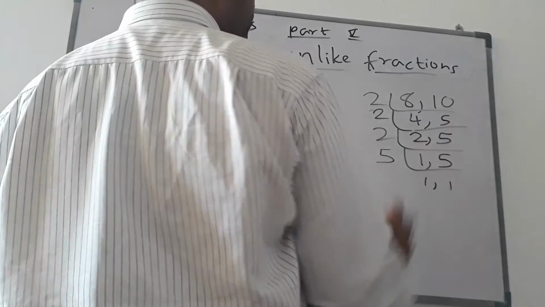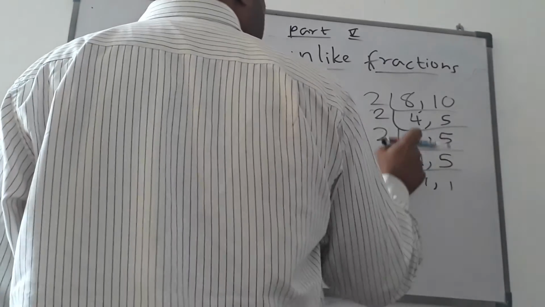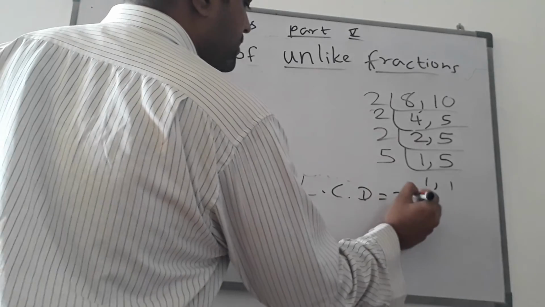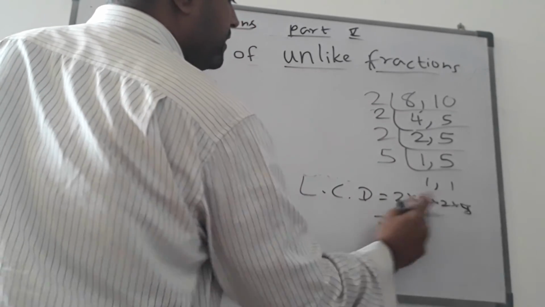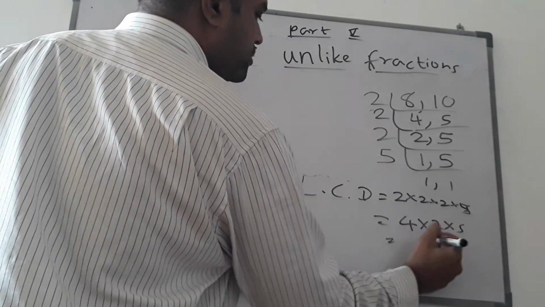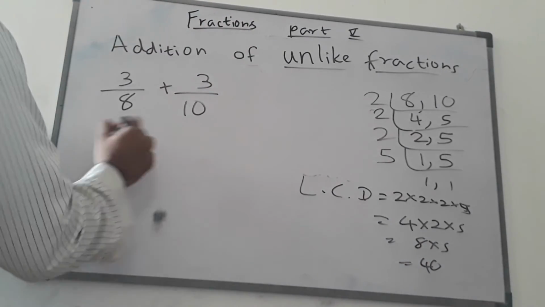So 1 and 5, then can't be divided by 3, so we divide 5 by 5. So the least common multiple here means 2 times 2 times 2 times 5. 2 times 2 is 4. 4 times 2 is 8. 8 times 5 means 40. So here the common denominator is 40.